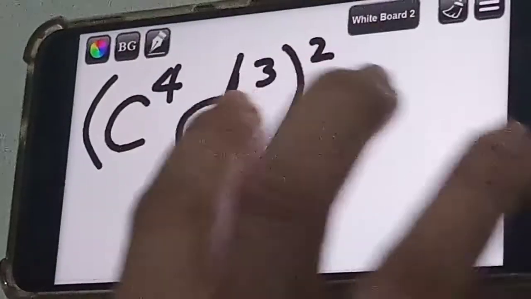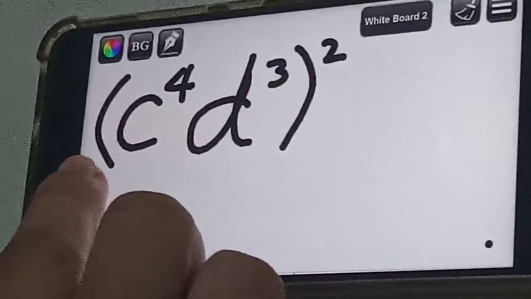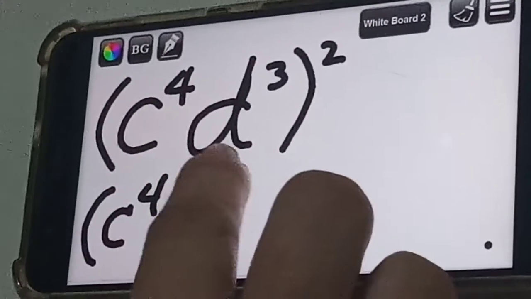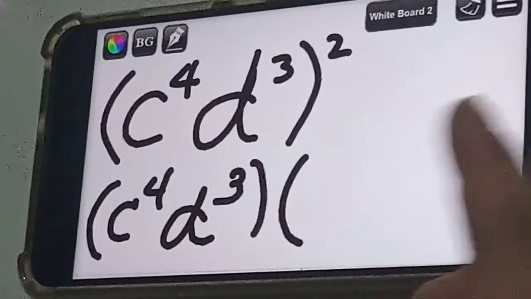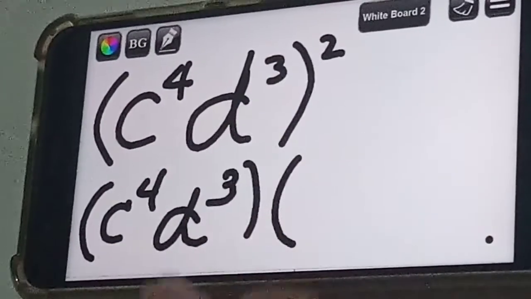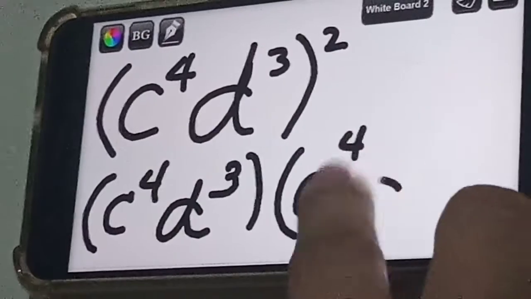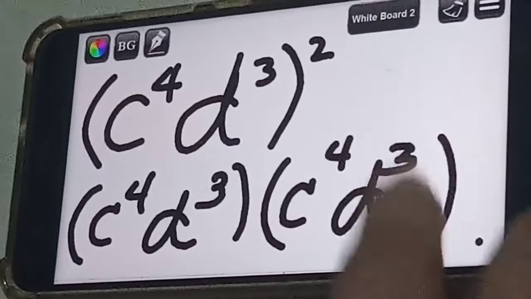You can also do the expanded notation of this given. It can be c to the fourth power, d to the cube, or d to the third power. You will multiply the entire base by itself twice: c to the fourth power, d to the third power, times c to the fourth power, d to the third power. That's the other way of solving.